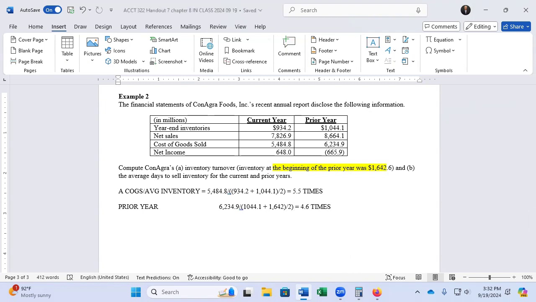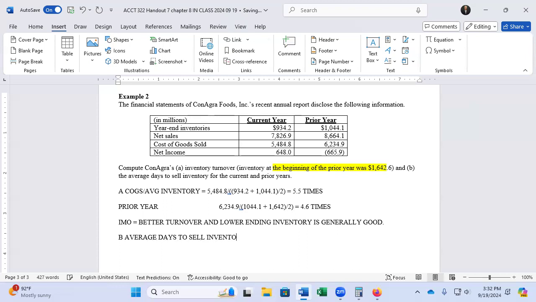So how would you feel about this? In my opinion, better turnover and lower inventory. And we also need to calculate that B, average days to sell inventory.